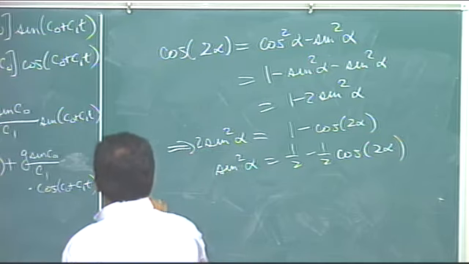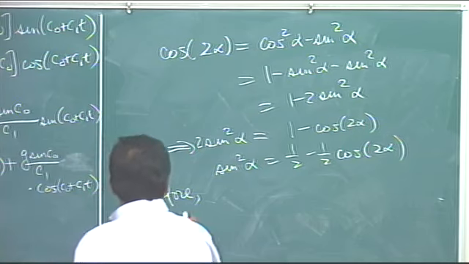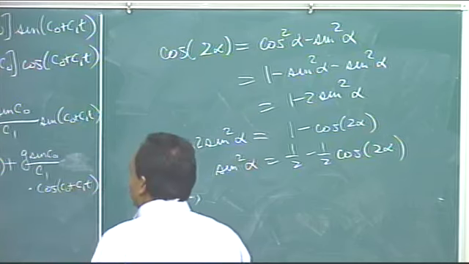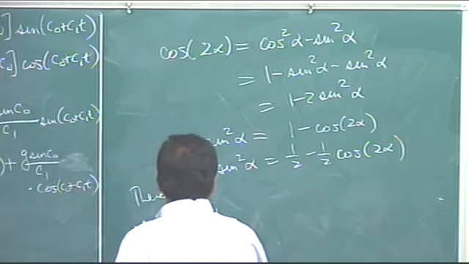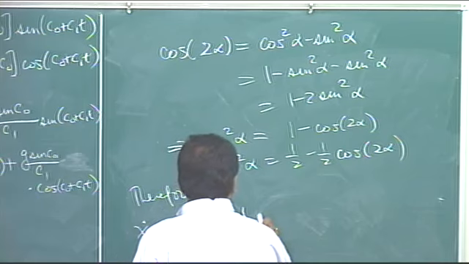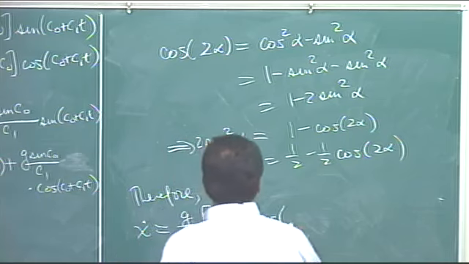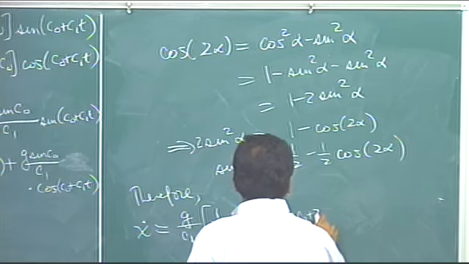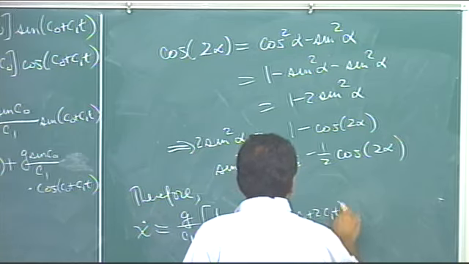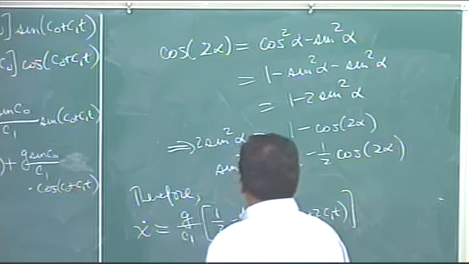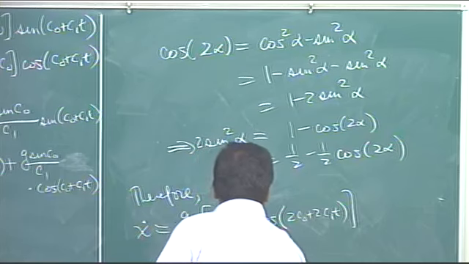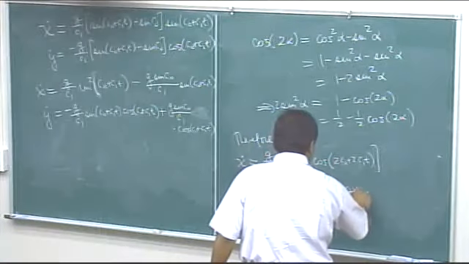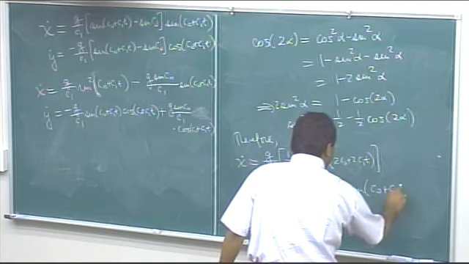So therefore, I can substitute for x dot, and I get x dot is equal to g over c1 times sine squared of c0 plus c1t, but I can just use this expression right here, which gives me 1/2 minus 1/2 cosine of 2c0 plus 2c1t, minus g sine c0 over c1 times the sine of c0 plus c1t.